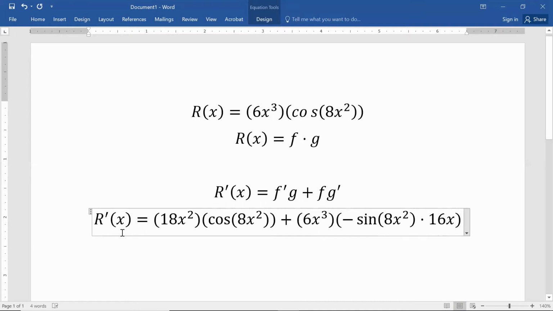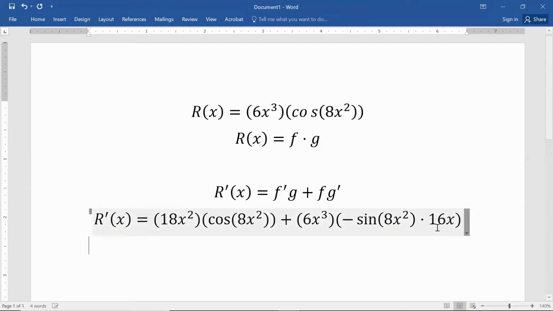So the derivative of r of x is equal to 18x squared cosine 8x squared plus 6x to the third times negative sine 8x squared times 16x. I am going to clean this up a little bit and rewrite it so it looks nicer. I'm going to drop the parentheses on 18x squared.